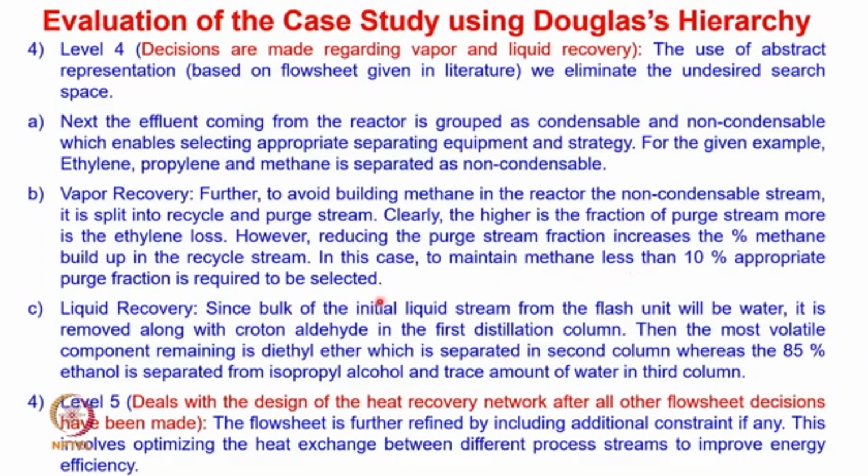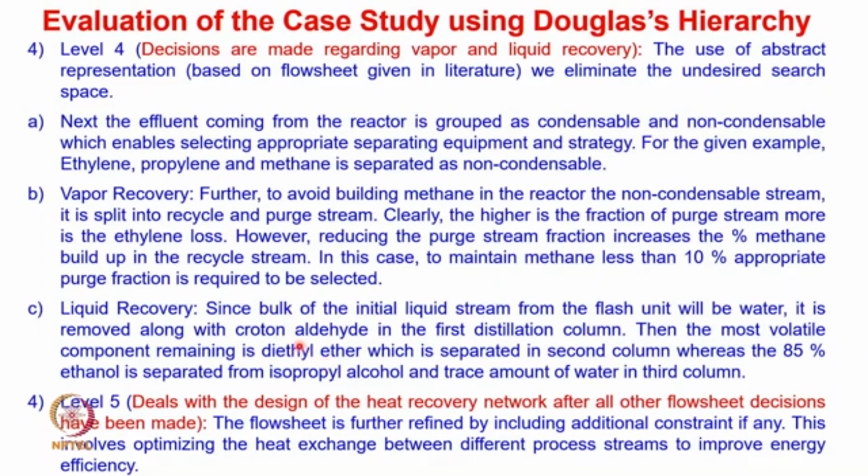be recycled back. Similar to the vapor recovery, the liquid recovery, if you look at, the liquid which is coming out from the flash unit will be primarily water rich, and this water rich stream will be first sent to the distillation column, where predominantly the water is removed along with the crotonaldehyde in the first distillation column. Then the remaining components present in the distillate will primarily have the volatile compound like diethyl ether.